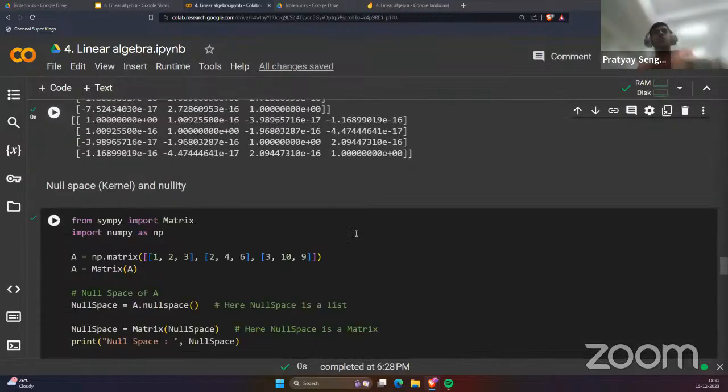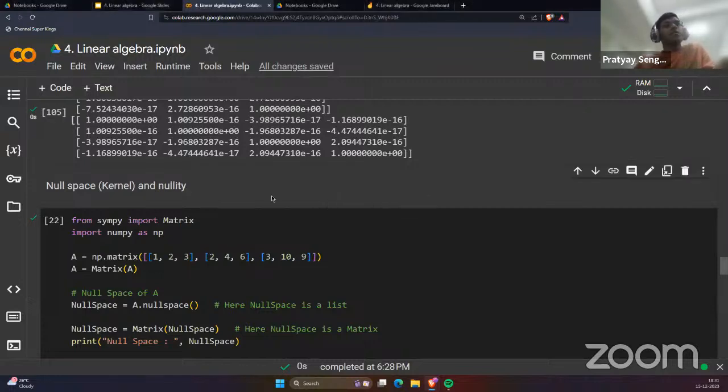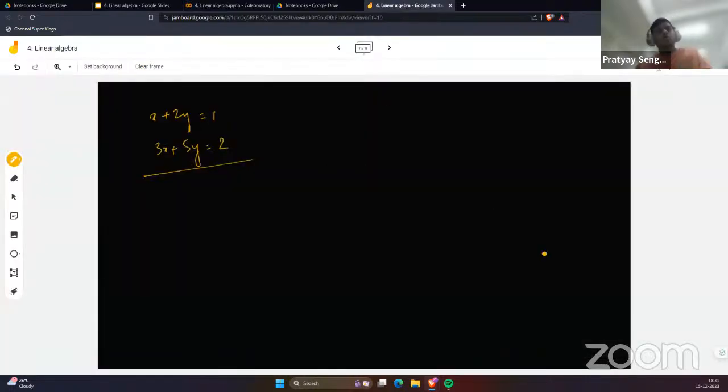Okay, let's come to the next thing, that is null space and nullity. So what is a null space? Null space is a set of vectors, for all of which Ax will be 0, right? So it's the set of all the values that satisfy Ax equals 0.